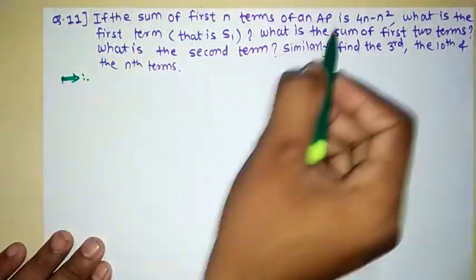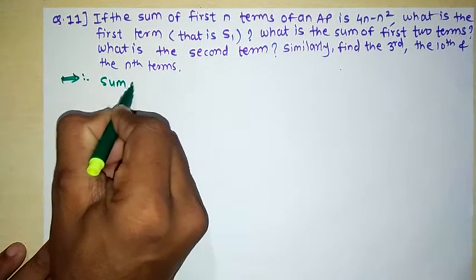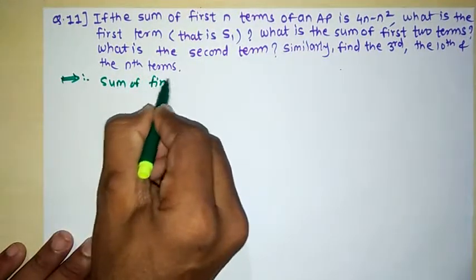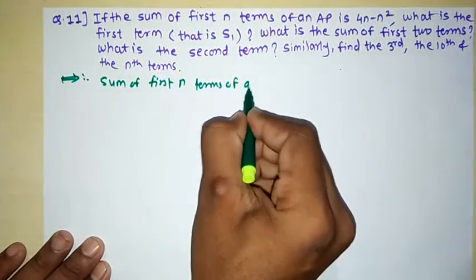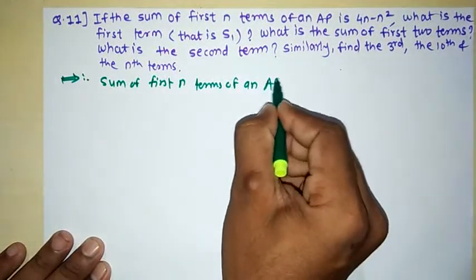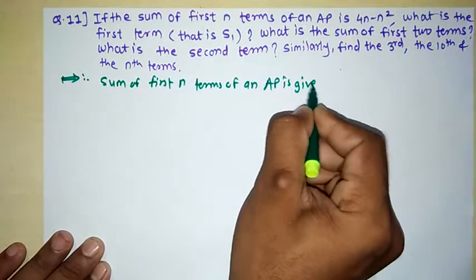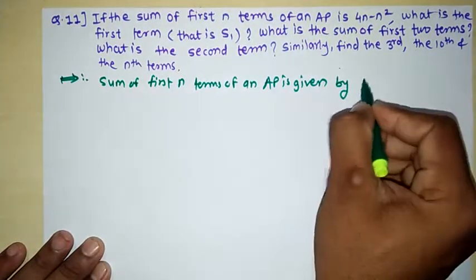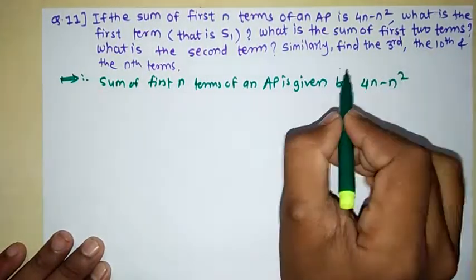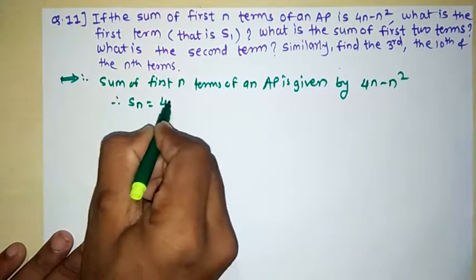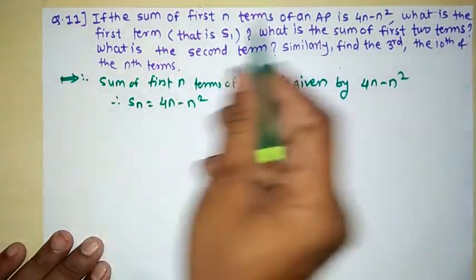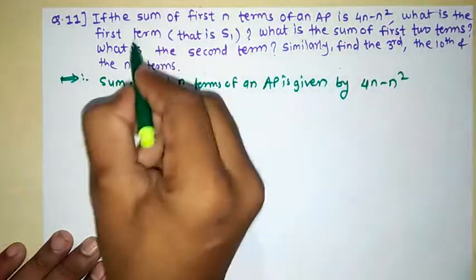According to the question, the sum of the first n terms of an AP is given by 4n minus n square. It is given in the question. Therefore, Sn is equal to 4n minus n square. Now what do we have to find? What is the first term?